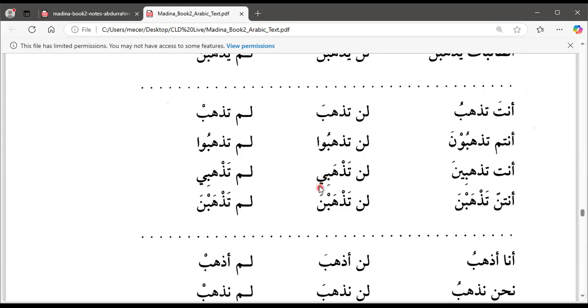It says tadhabi, but you know it is mansub bil fatha muqaddar.